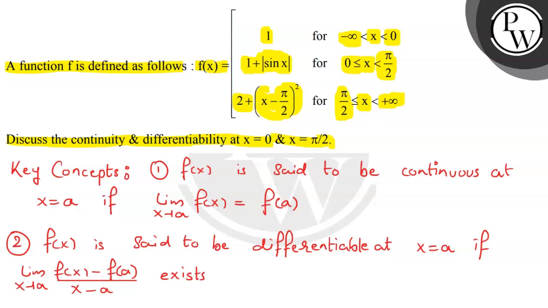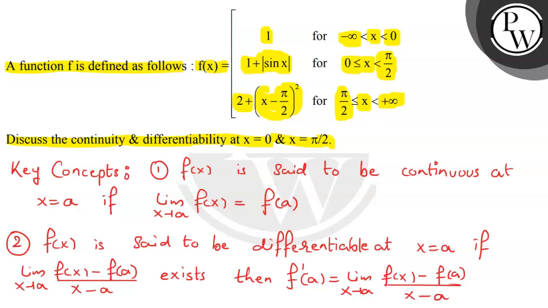And if this limit exists, then the derivative of f at a will be equal to the value of limit as x goes to a of fx minus fa divided by x minus a. अब इन दो की कॉन्सेप्ट्स की हेल्प से let's now start our solution.